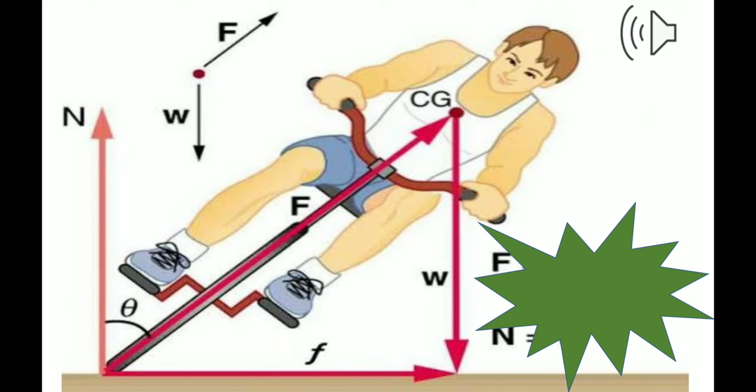If I have to define centripetal force, I'll say centripetal force is a force acting on the body moving in a circular path in a direction towards the center of the circular path.